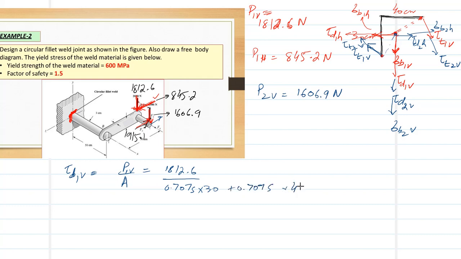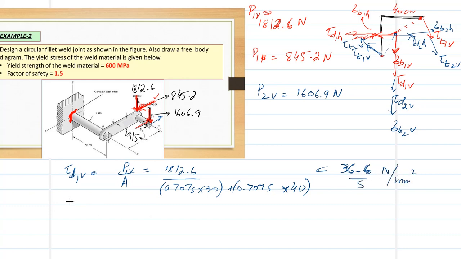Why? Because we have two welds, one of length 30, one of length 40. So 0.707 into 40 plus 0.707 into 30, 49.5 S. And if we divide 1812.6 by 49.5, you get 36.6 divided by S Newton per millimeter square.